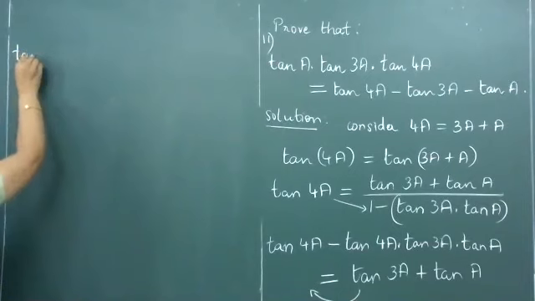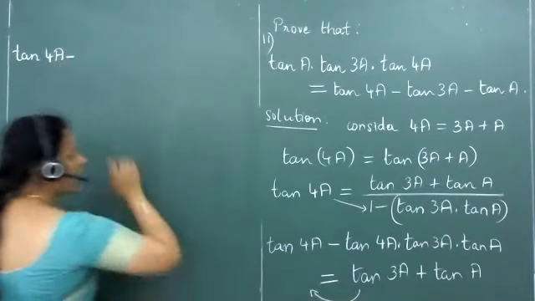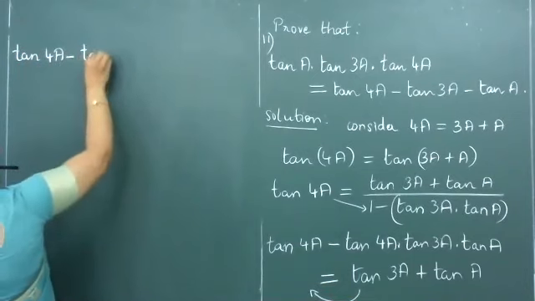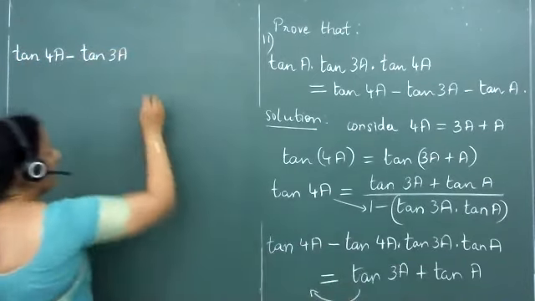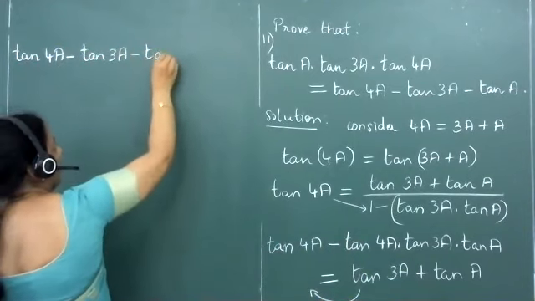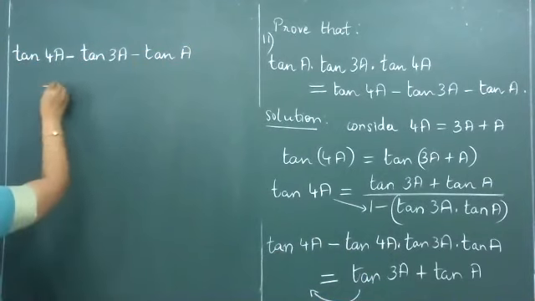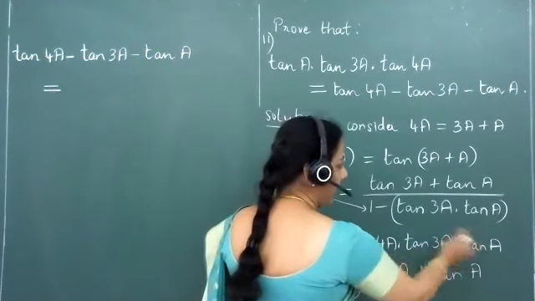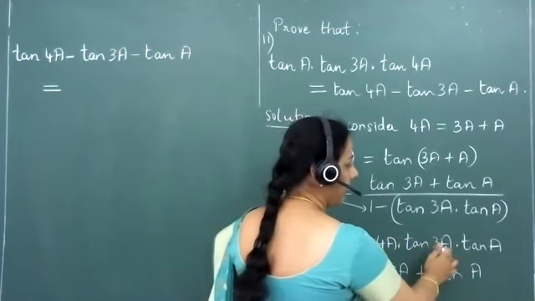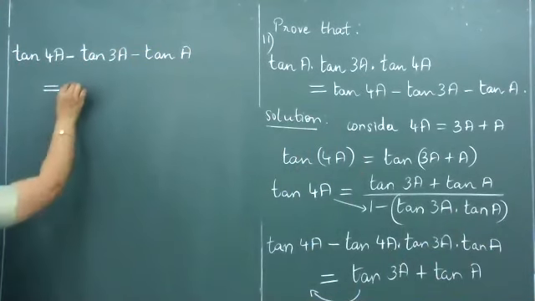Tan 4A remains as it is. We are transposing tan 3A to the LHS. So I have minus tan 3A. Tan A again you are shifting to the LHS. It comes with a negative sign, minus tan A, which will be now equal to the entire product, minus tan 4A into tan 3A into tan A, transposed to the RHS.